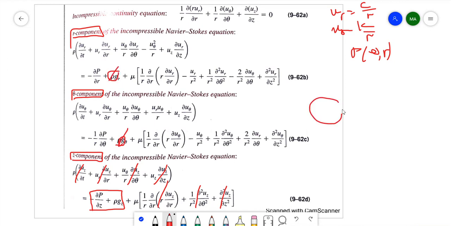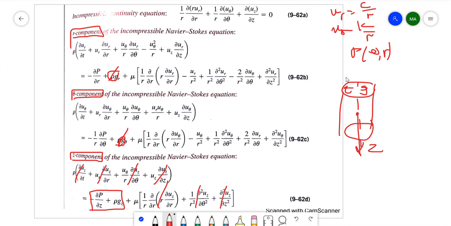Let's say that it is a cylinder, so the weight of the cylinder is in this direction. Or let me draw it vertically for you. This is the cylinder, so its weight is in this direction, which is the z direction, not in the r direction and not in the theta direction.